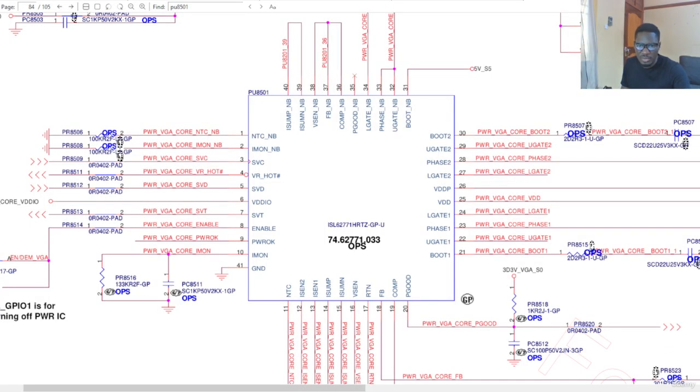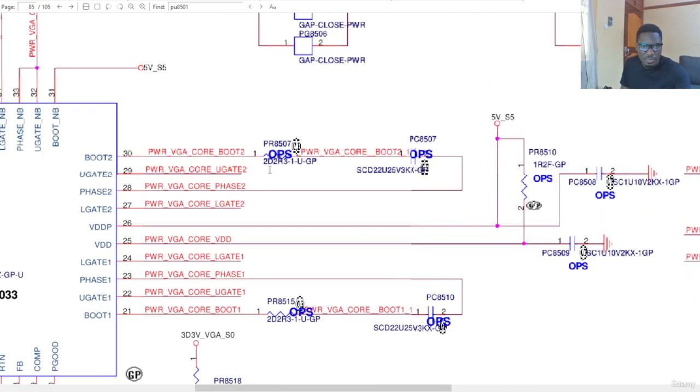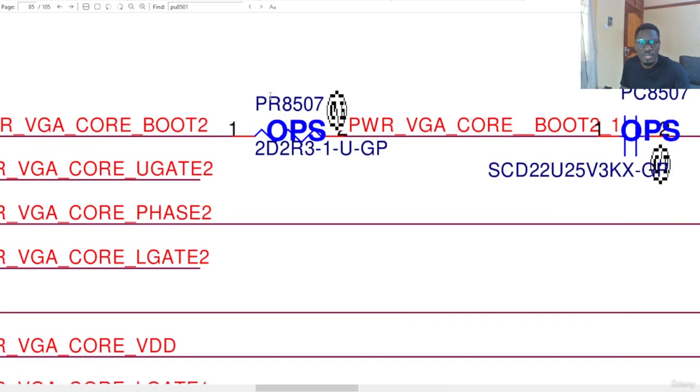So let's take a look at that. So pin 30 is connected here, and if you see here, there is a resistor which is called PR8501 and is rated 2D2R31.